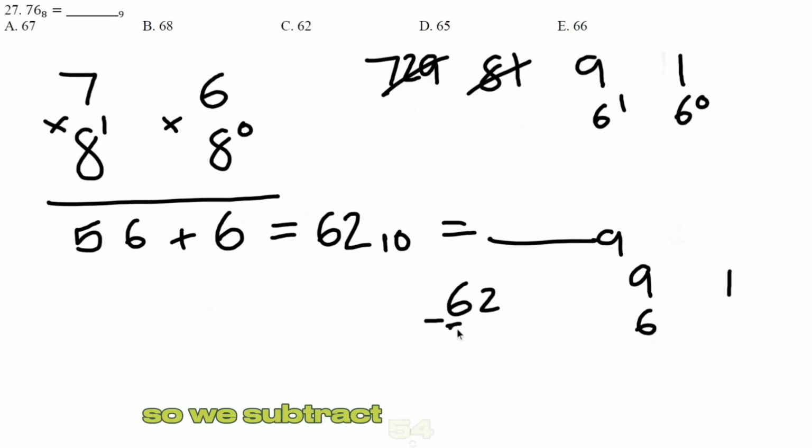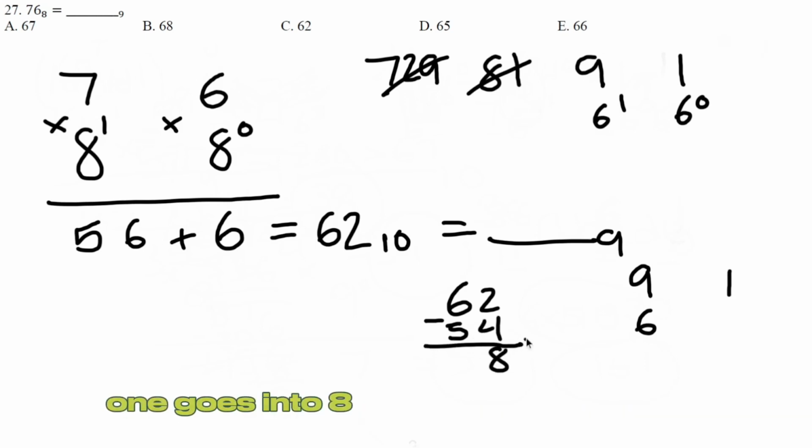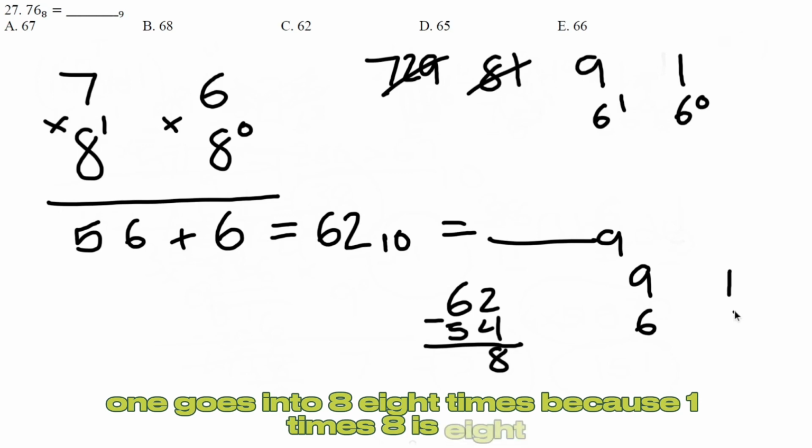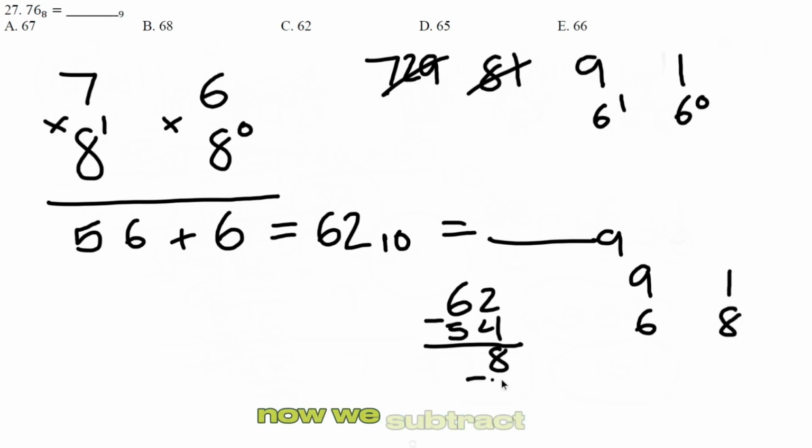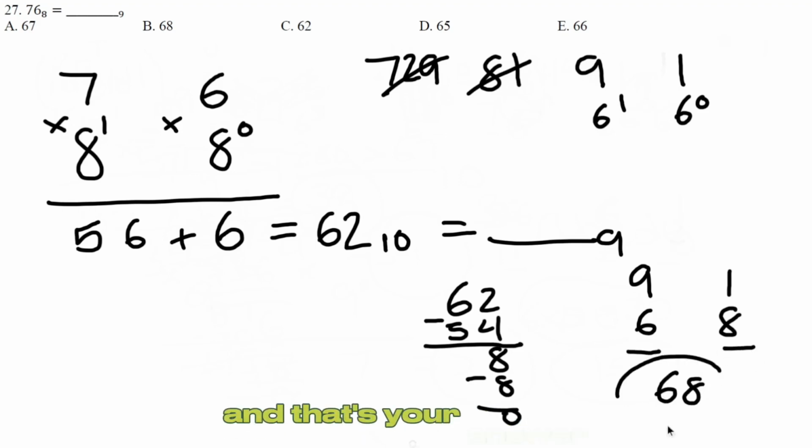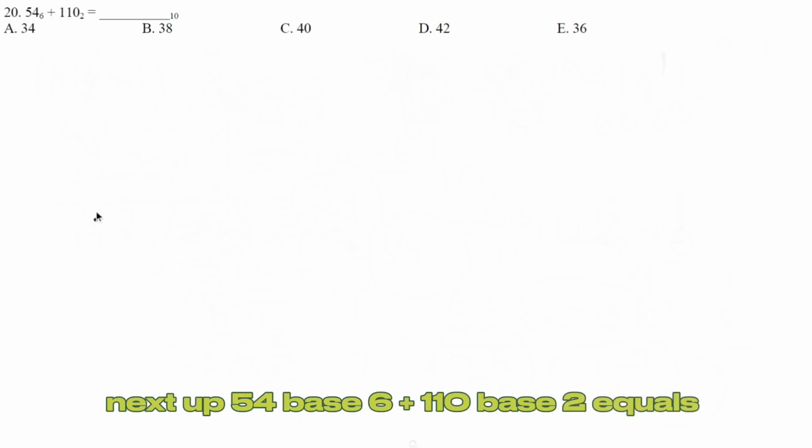So we subtract 54, and we have 8. 1 goes into 8 8 times, because 1 times 8 is 8. And now we subtract 8, and that's 0. So we have 6, 8, or 68. And that's your answer.